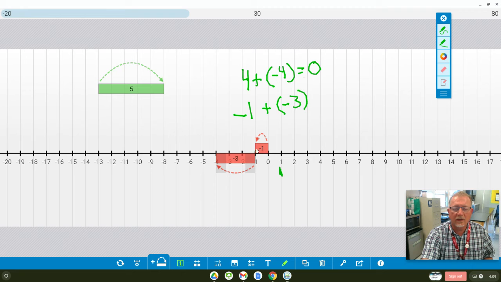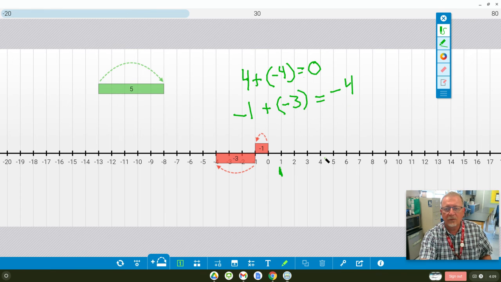So negative 1, and we go back another 3. We go negative 3 more. We're going to end up at negative 4. Well, that's pretty cool. So that's almost like adding 1 plus 3. They're both in the negative, so we just keep going that direction.